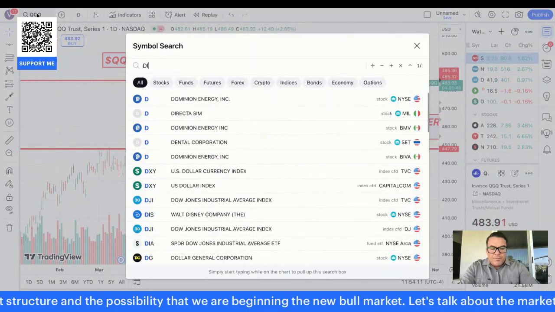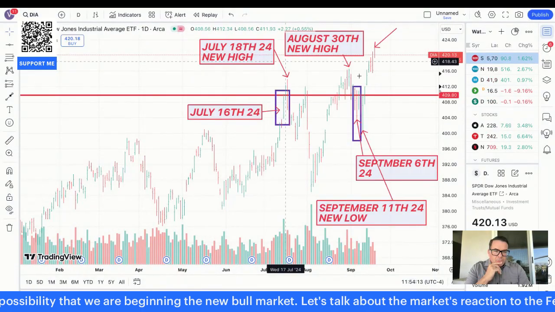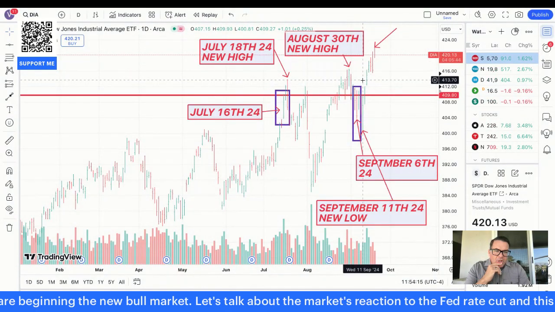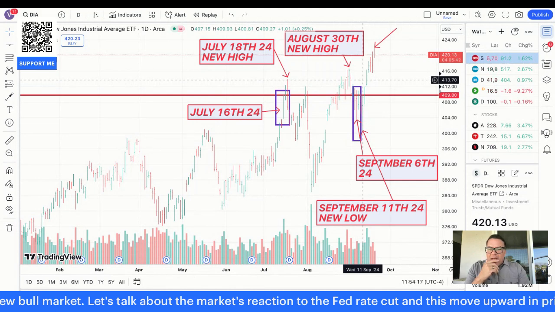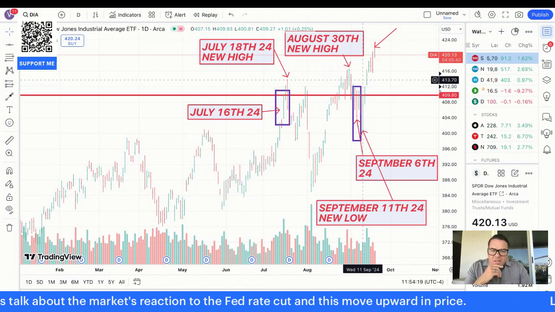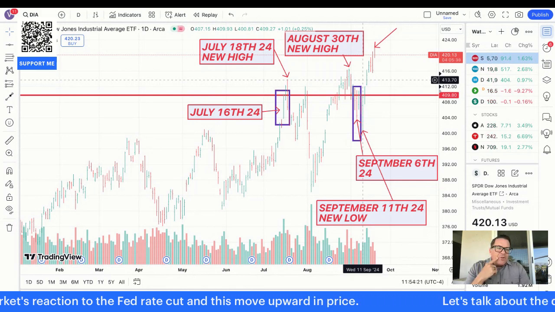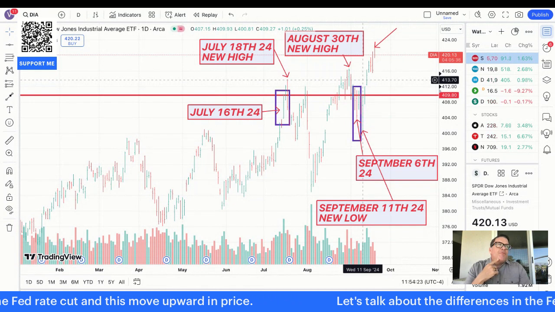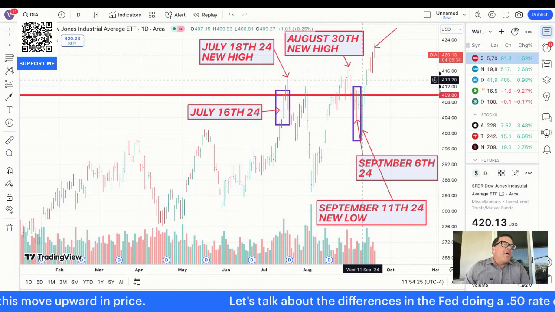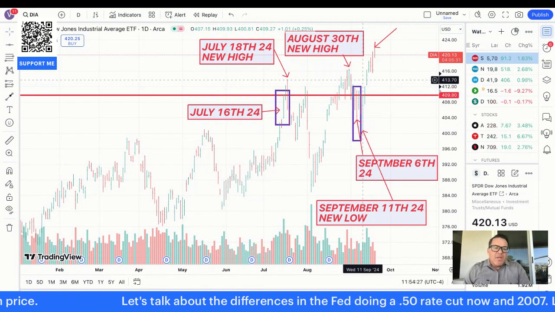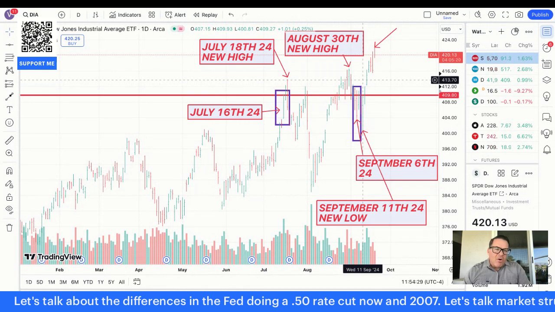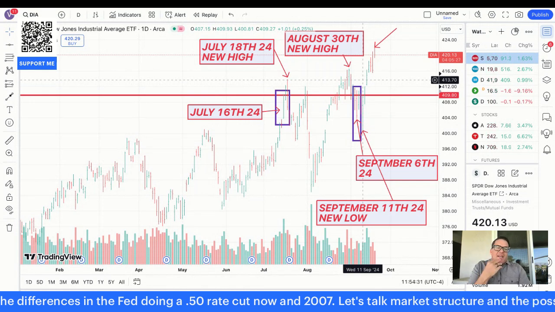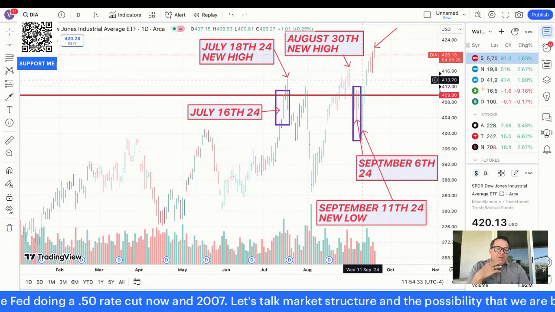Let's go over to the Dow. The Dow's low on September 11th was 400. We now sit at 420, 400, 420. So you're looking at about 5% there. So the S&P and the Dow are really close. The NASDAQ's definitely leading the charge at a 7% run up.